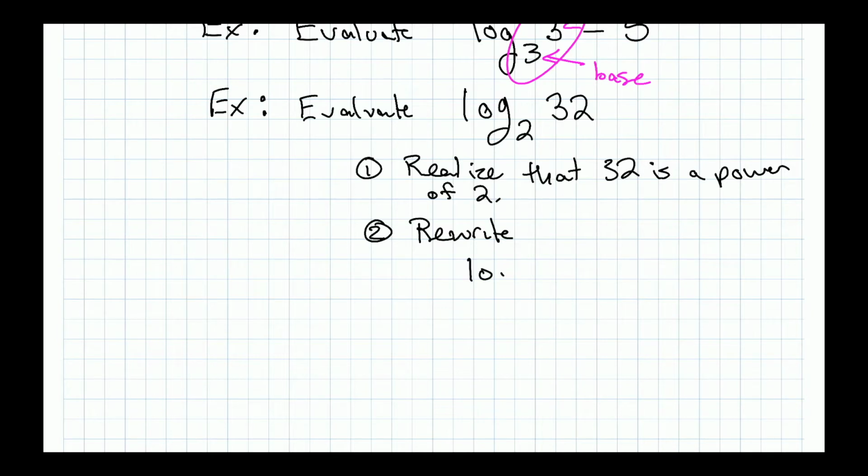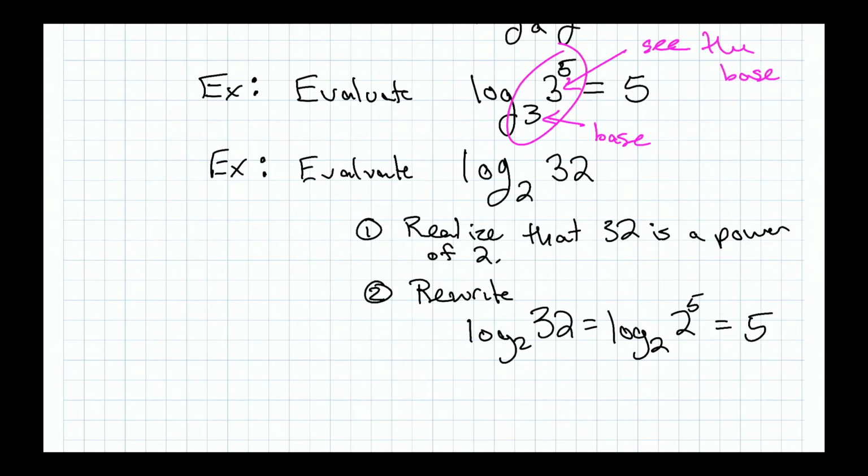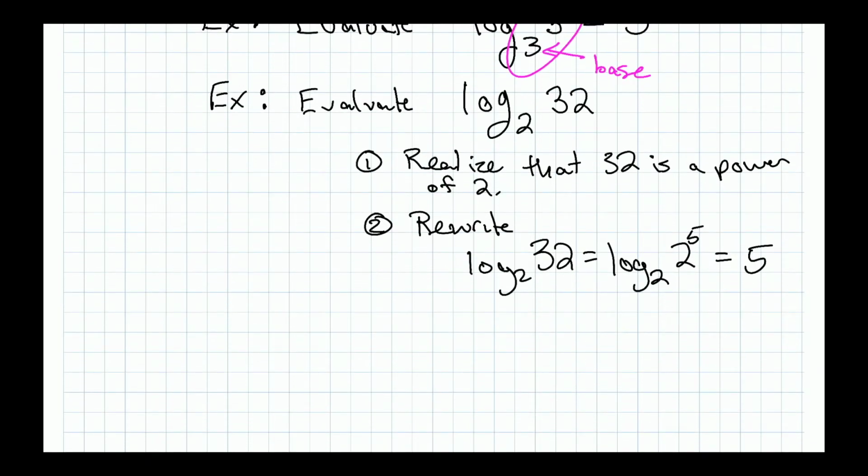So the log base 2 of 32 is the log base 2 of, you can use a calculator or something to help you, 32 is 2 to the 5th. So what's log base 2 of 2 to the 5th? It's 5. Now why is that 5 and the last one's 5? I don't know. Just happened. Okay? And so that's how you're going to evaluate logarithms.